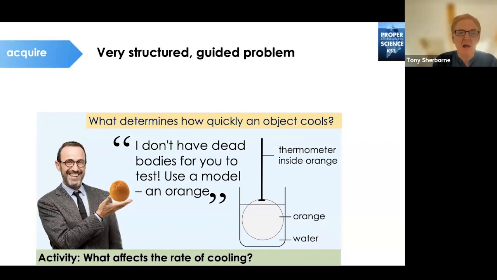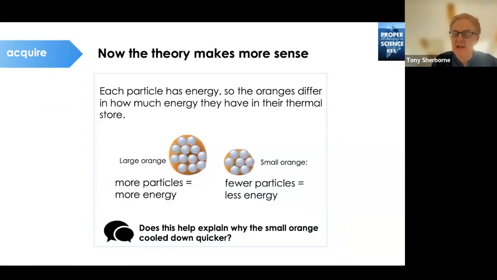And then as part of that problem, it doesn't matter if they don't get the right answer, and there's lots of guidance and structure, so it's definitely not discovery learning in any sense. Having thought about the actual phenomenon by doing the investigation or part of it, they are prepared to make more sense of the theory because they have all that background knowledge about the problem.